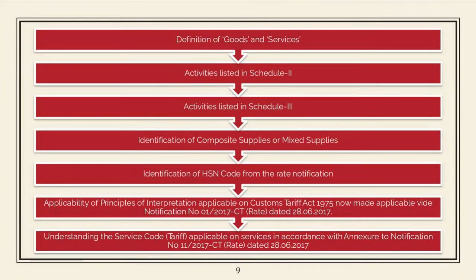Another thing is identification of composite and mixed supplies. Composite and mixed supplies in themselves are a broader way to see things, because sometimes 2-3 services are bundled together, and 2-3 goods are bundled together. Multiple business arrangements are like that.